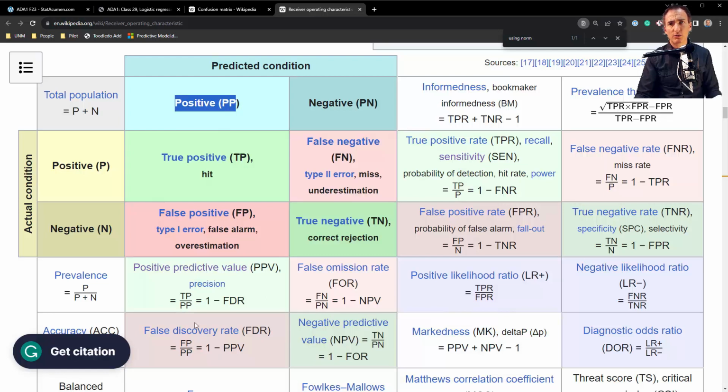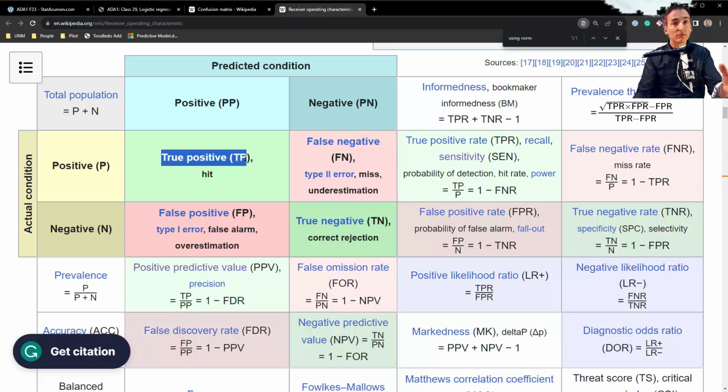We'll need to interpret that a little bit. Of all the people who we predicted to be positive, so our model predicted people into female or male groups, for all the people we predicted to be female, what proportion of those are truly female? That's the interpretation.